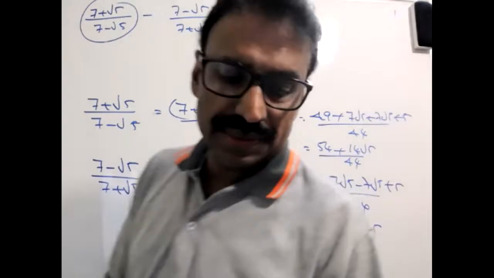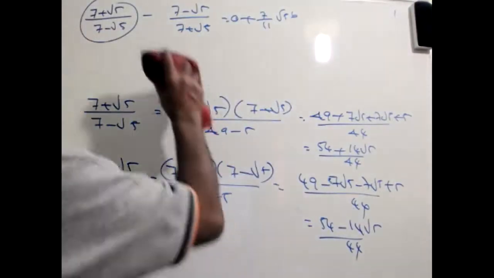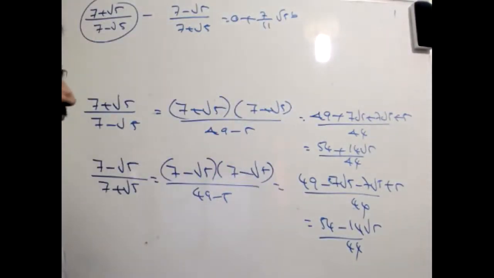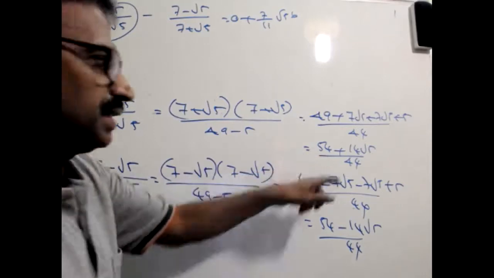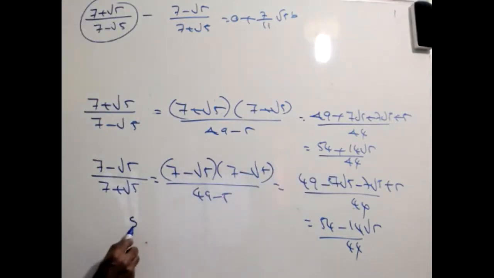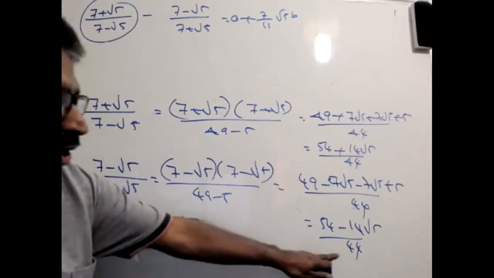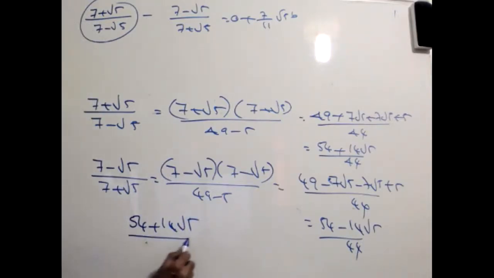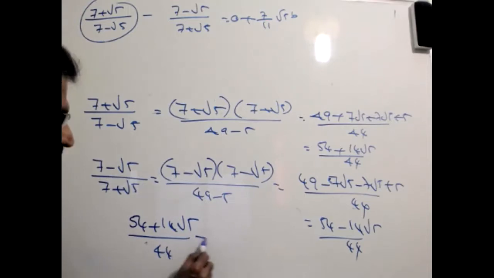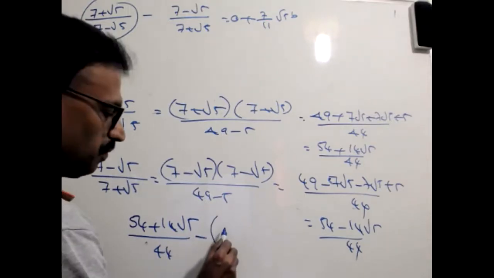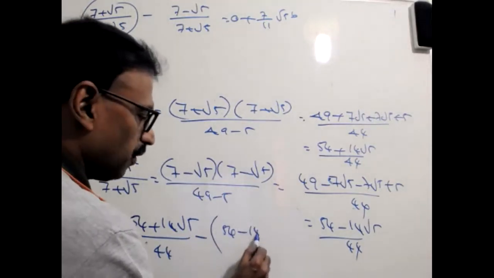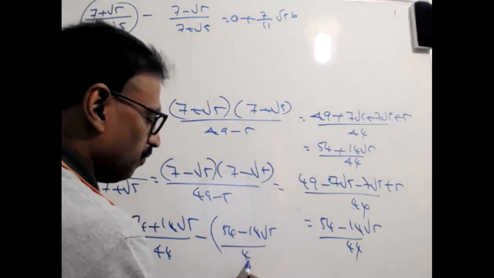Okay, so now after that, look at here. After that, look, we are subtracting this one. 54 plus 14 root 5. Because same denominator, we can subtract, 44 minus 54 minus 14 root 5 divided by 44.